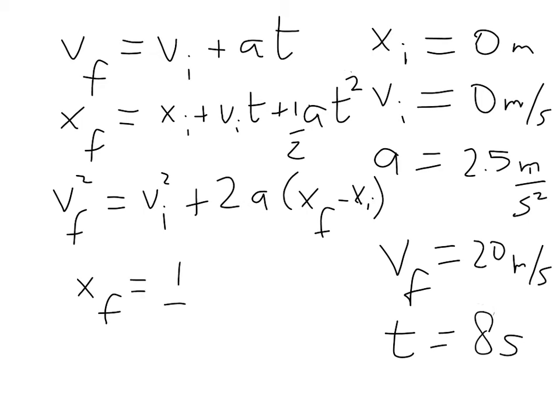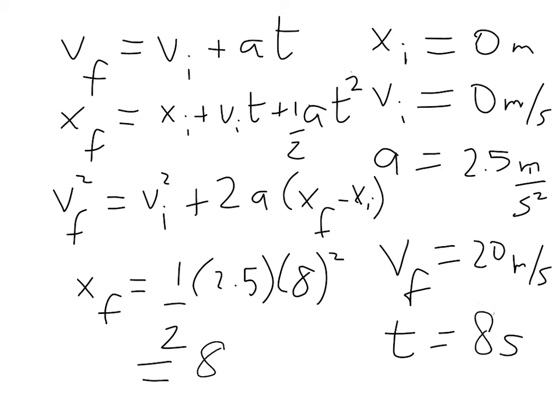X final is then 1/2 times 2.5 times 8 squared. This evaluates to 80 meters. This is the distance of the officer from the corner at the time he switches from speeding up to slowing down.